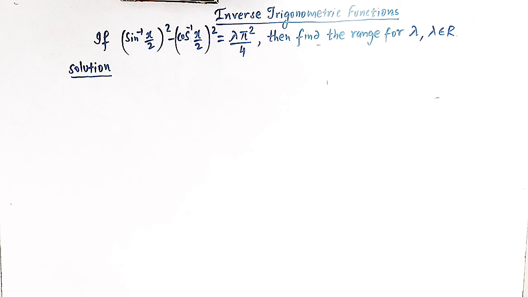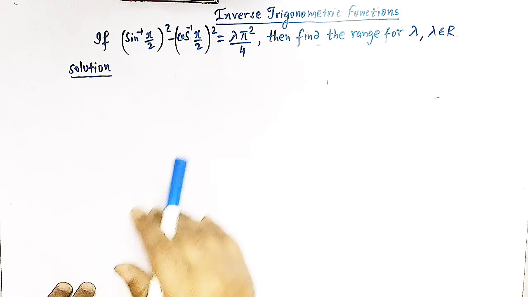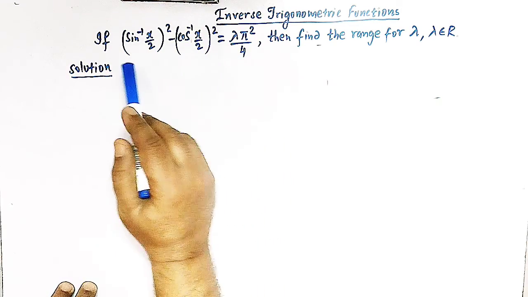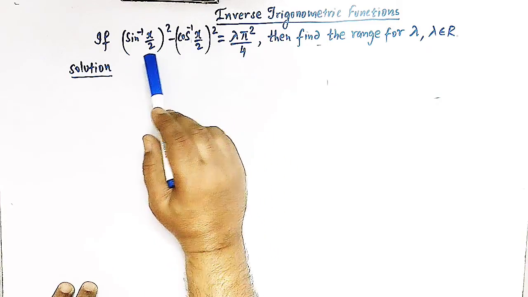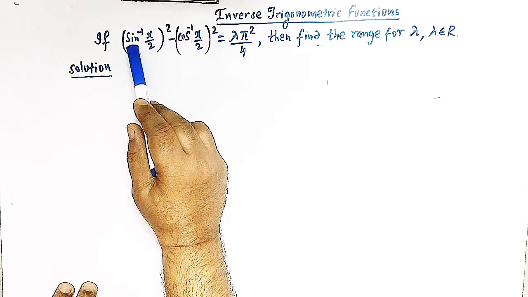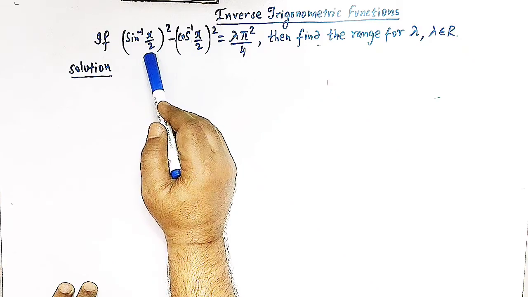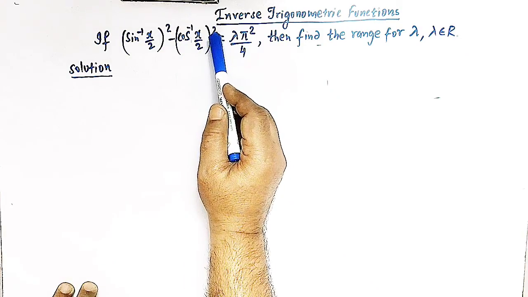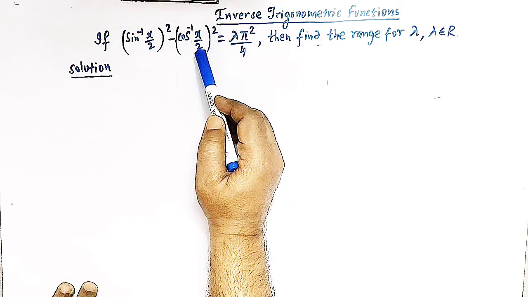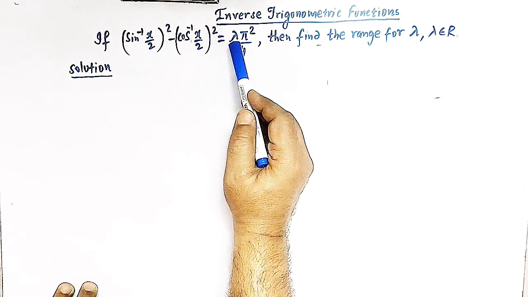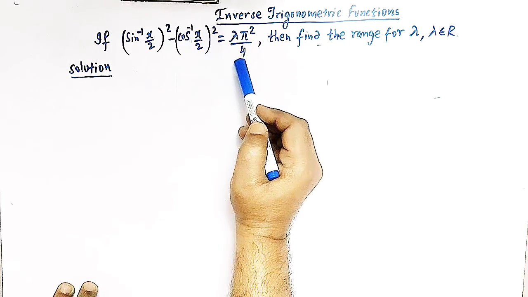Hello viewers, in today's session we are going to discuss another important problem from inverse trigonometric functions. We are given this expression, that is square of sine inverse x over 2 minus square of cos inverse x over 2 is equal to lambda times pi square over 4.